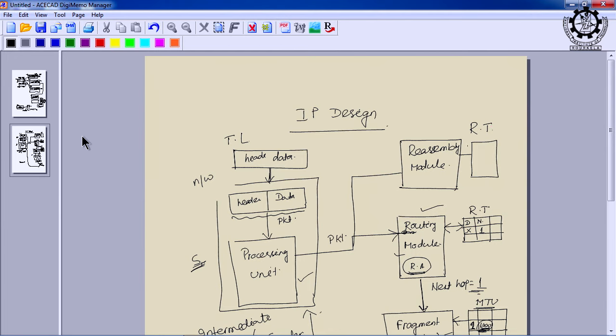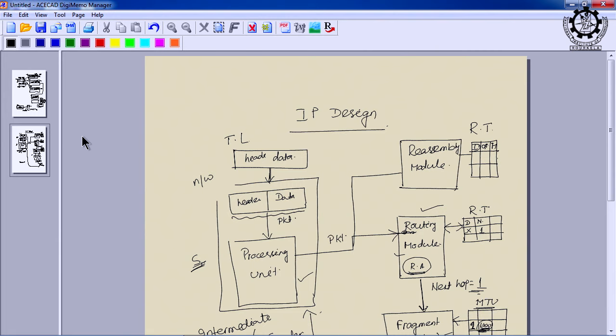This Reassembly Table maintains all the information of the datagrams that it has received: all the fields that we studied, starting from the ID, then the offset, and the M field or D field, whatever is required.